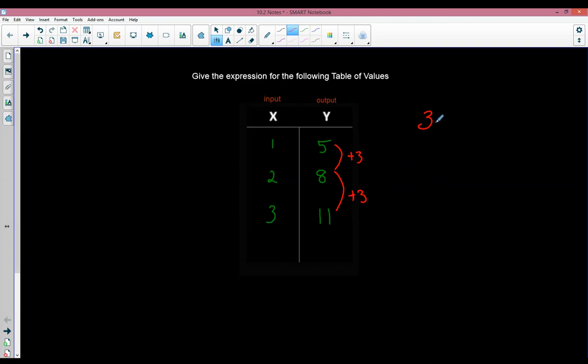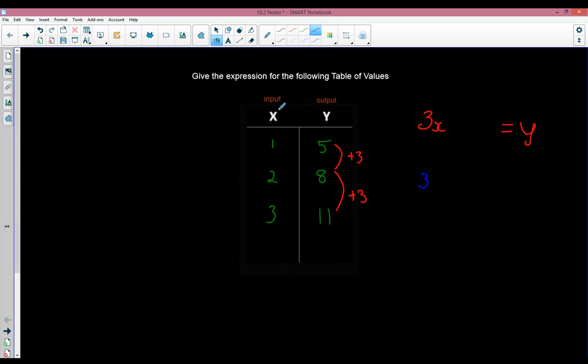Again, we know now that our expression is going to be 3x something equals y. So we're going to try it out and see if it works. And again, it needs to work for at least 3 of the inputs.